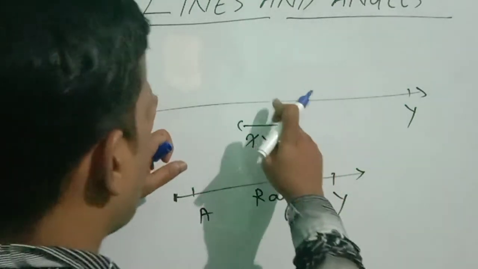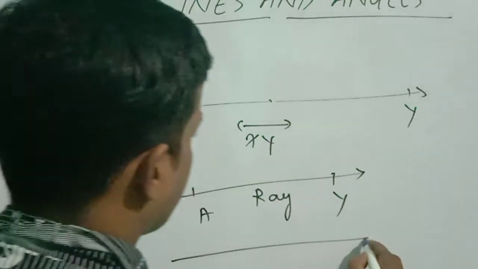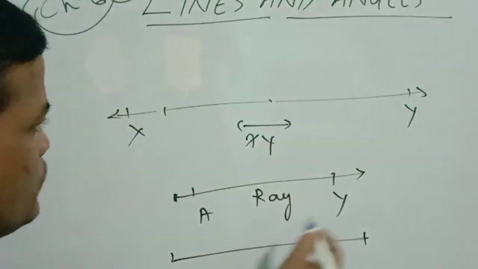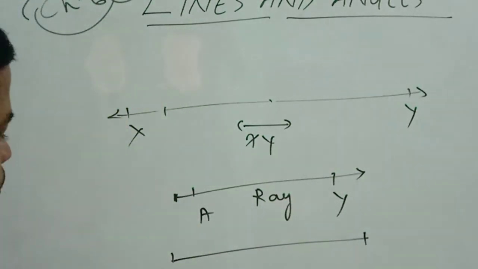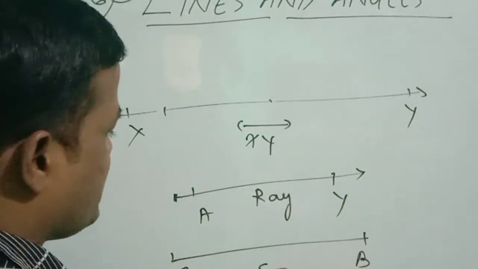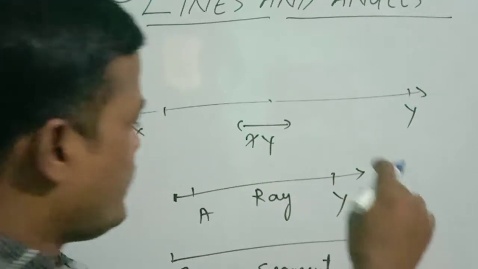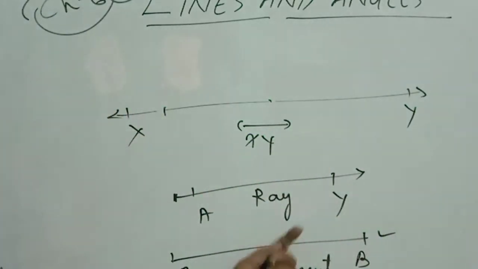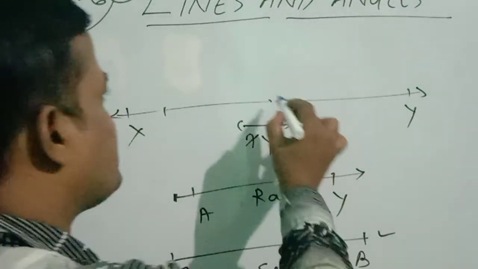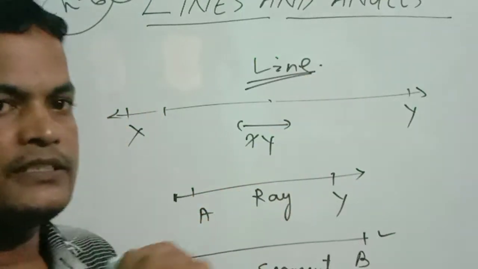If the line has two endpoints like this, with no arrow marks, and let us say it is AB, then it is called a segment or line segment. So friends, two endpoints is called a segment, a single endpoint is called a ray, and no endpoints is called a line.